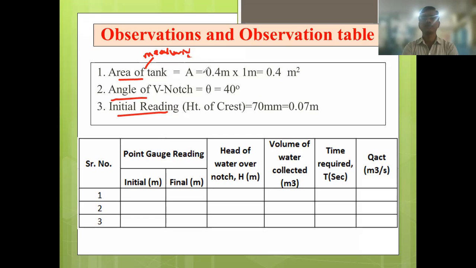Next column, head of the water over the notch, capital H. Then volume of water collected in meter cube, time required T in seconds, and Q actual in meter cube per second.